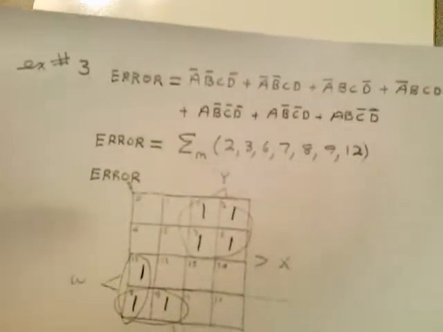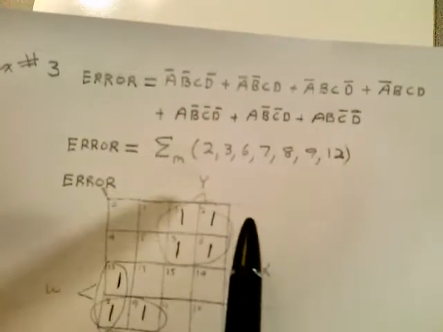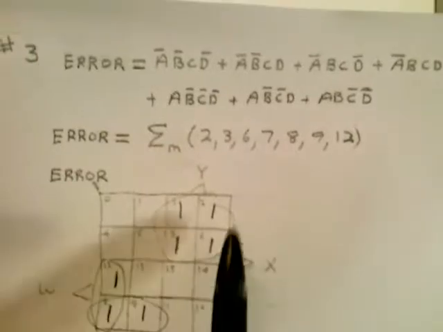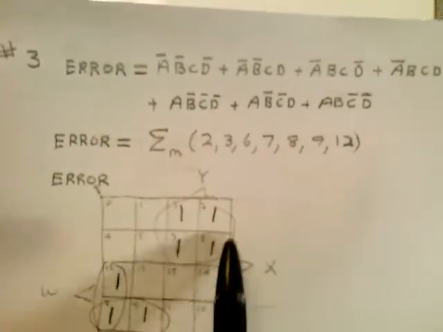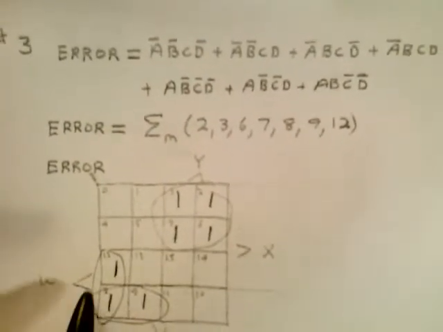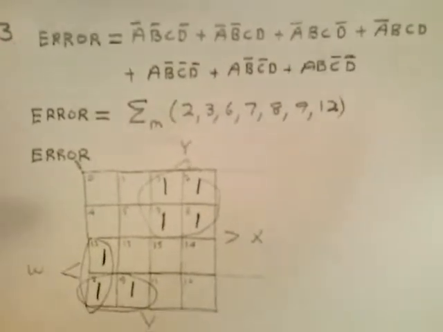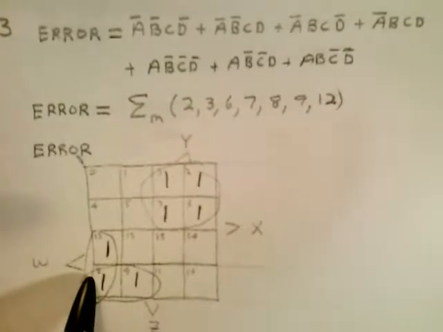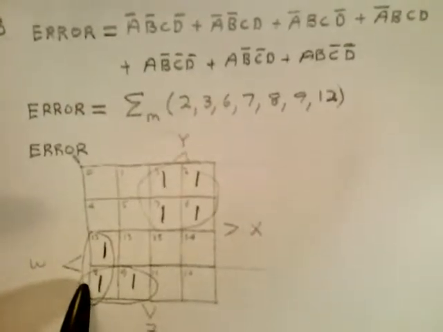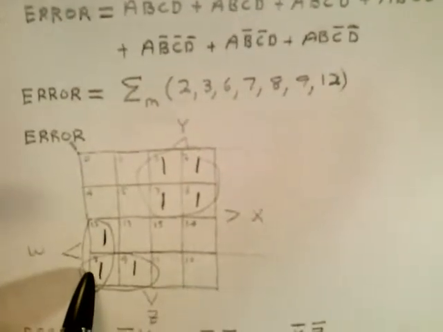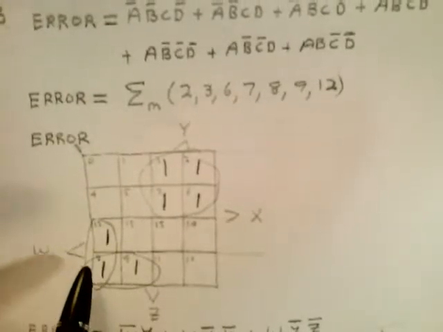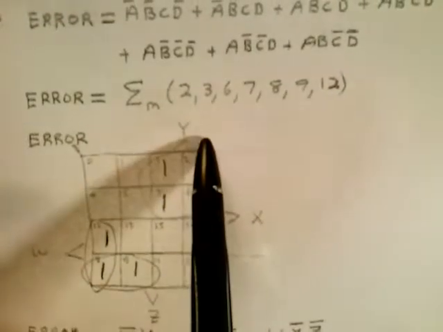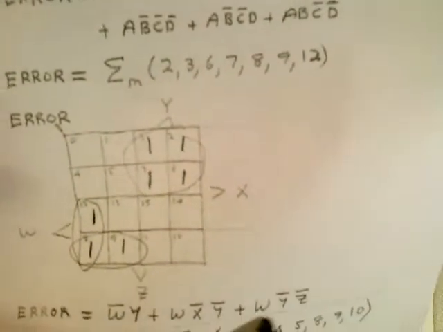Let me point this out. Notice I could form a group of 4 right here. And I get my W bar Y right here. And then two groups of 2 down here. This group of 2 here gave me my Y, my W. Forget about X. Y bar, Z bar gave me this one out here.